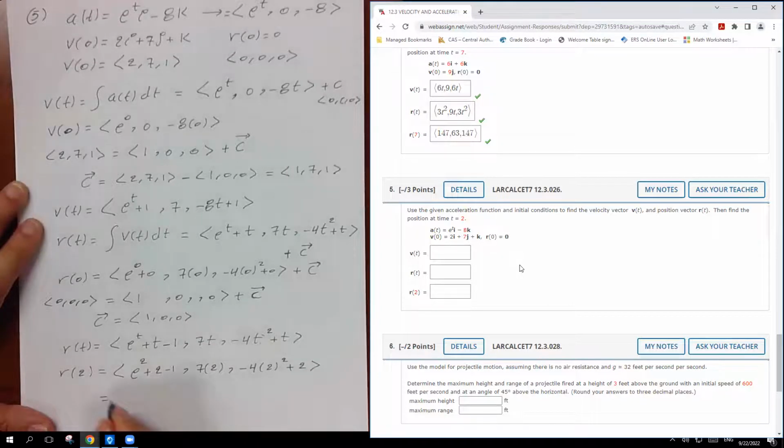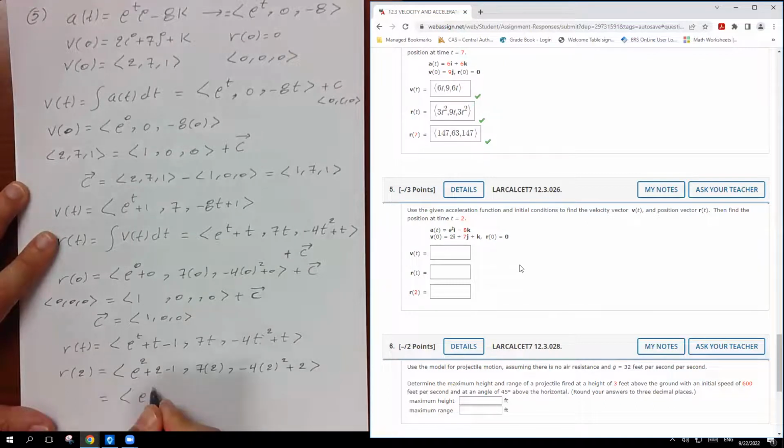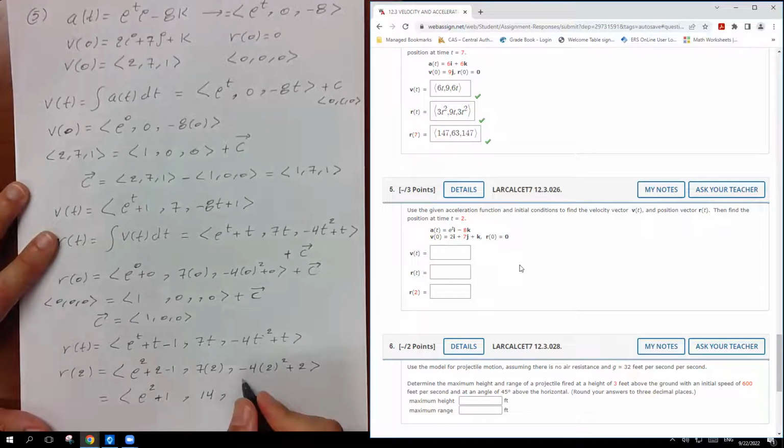Let's check this one. We can keep it like this. When we plug in, e to the 2 plus 1, and here's 14, and this one is going to be negative 16 plus 2, negative 16 plus 2 is going to be negative 14. That's it.